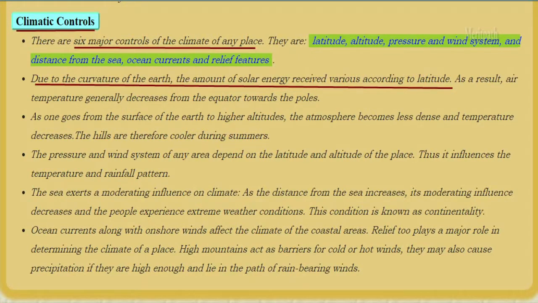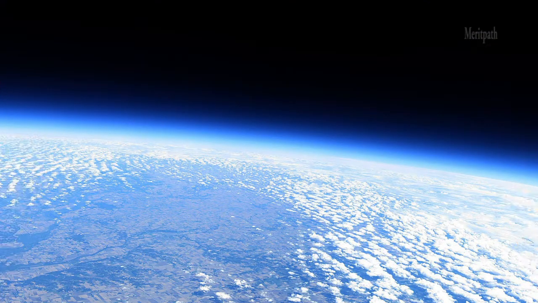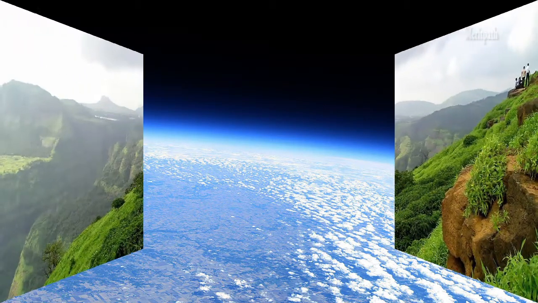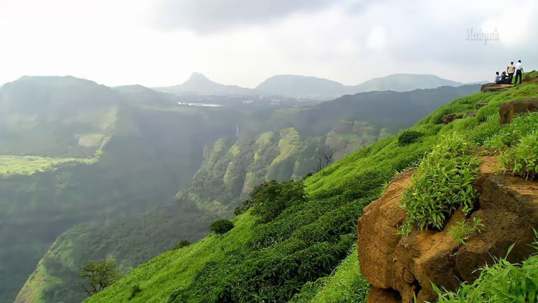Because Earth is curved in shape, the amount of solar energy received by various parts of the Earth varies according to the latitude, and due to this, air temperature decreases from the equator towards the poles. As we go up from the surface of the Earth to higher altitudes, the atmosphere becomes less dense and temperature decreases.